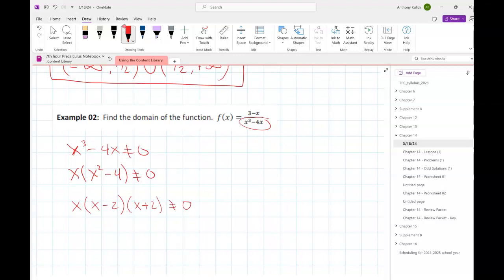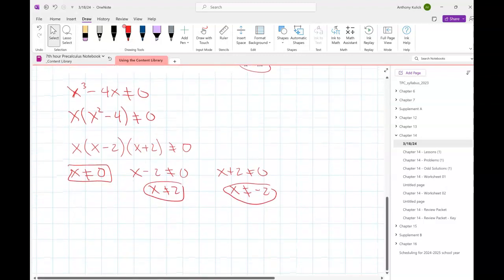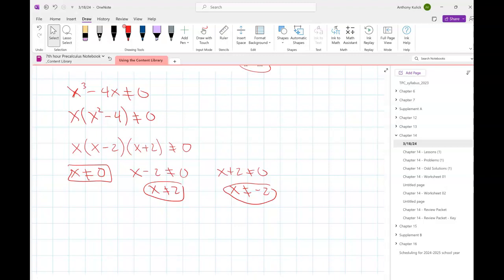Now that they are completely factored, we can set each piece not equal to 0. So there's one answer, two answers, and three answers. Everybody feels good? So what we're saying is that x can be any real number except for 0, 2, and negative 2.